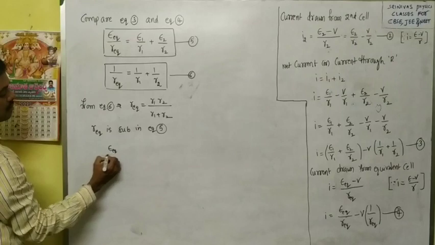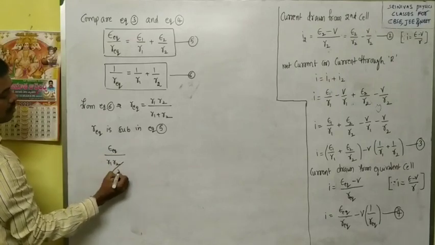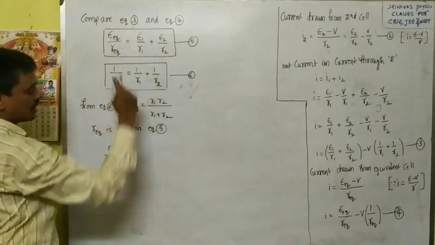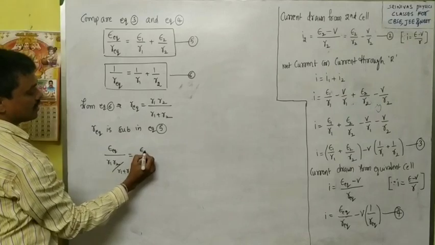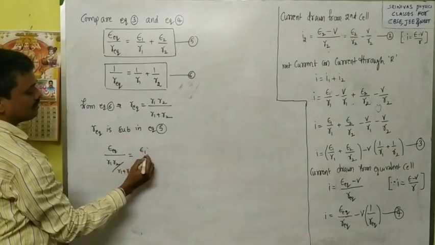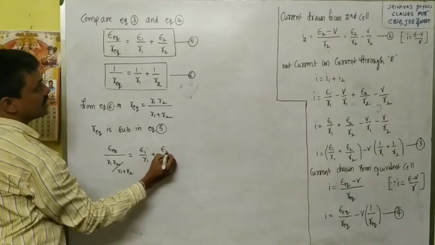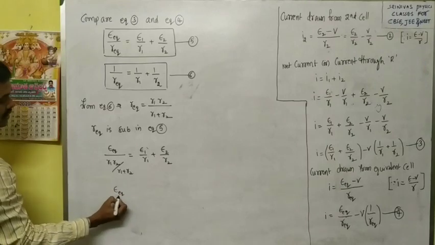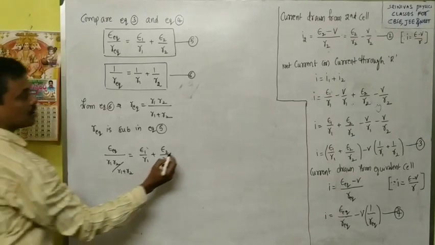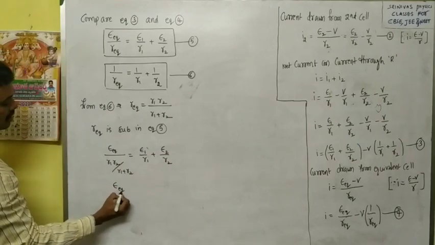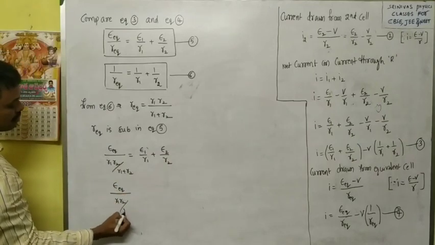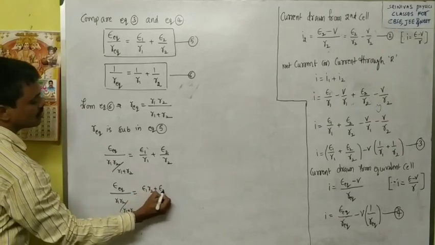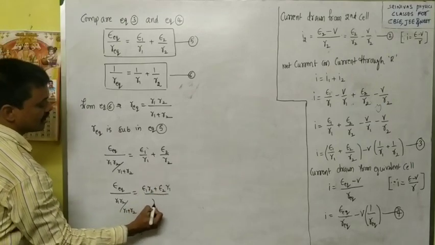E equivalent by R equivalent, that is E equivalent by R1 R2 by R1 plus R2, is equal to, on the right side, E1 by R1 plus E2 by R2. Do the LCM and simplify: E1 R2 plus E2 R1 by R1 R2.